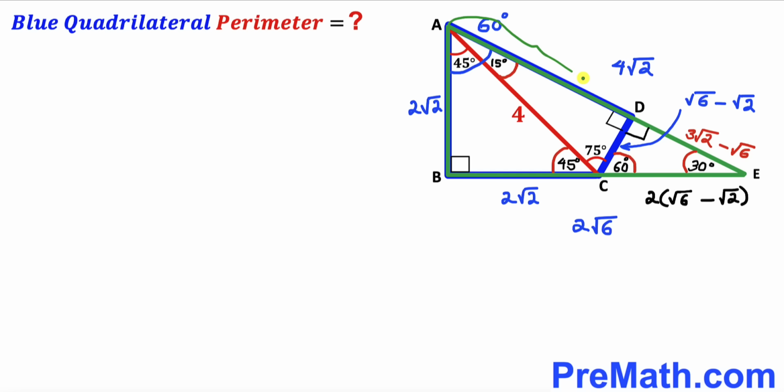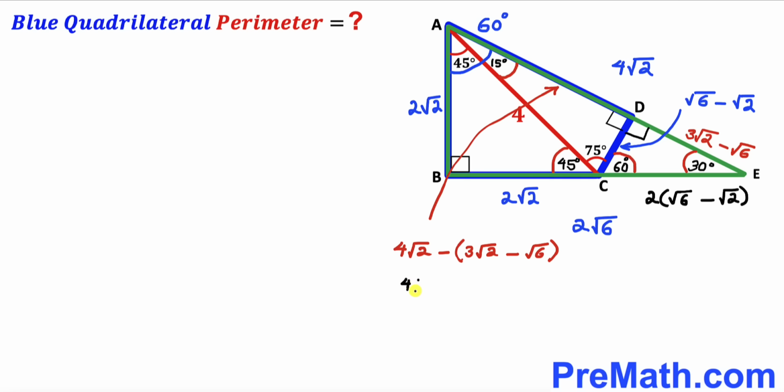We know that this whole AE side length is 4 times square root of 2. So therefore this side AD length must be equal to this 4 times square root of 2 minus this DE length. So therefore this AD length I'm going to calculate over here. I'm going to write down 4 times square root of 2 minus then 3 times square root of 2 minus square root of 6. Let's simplify.